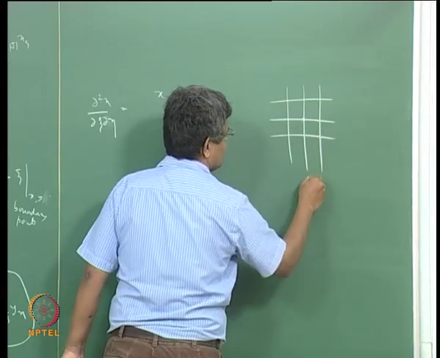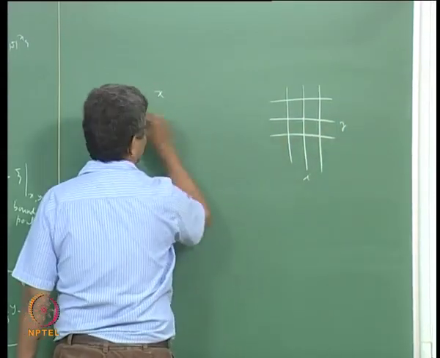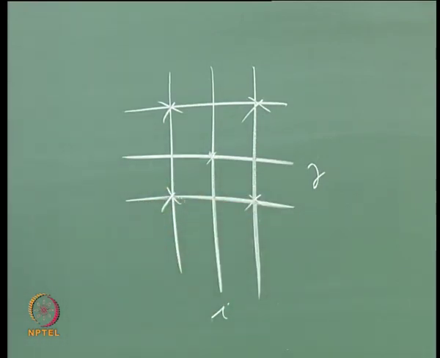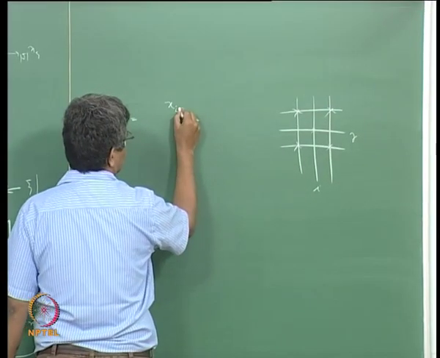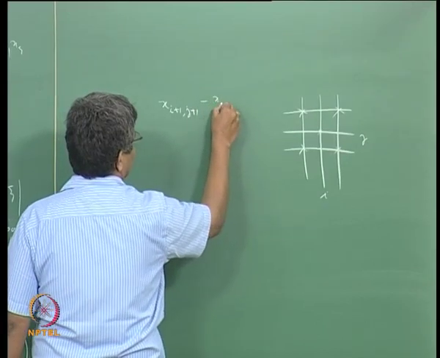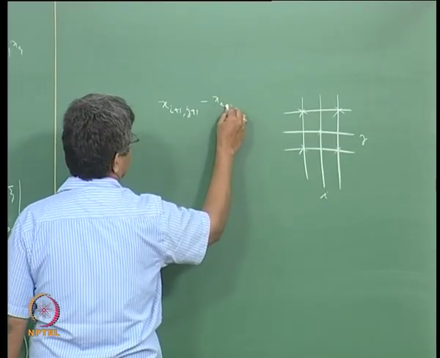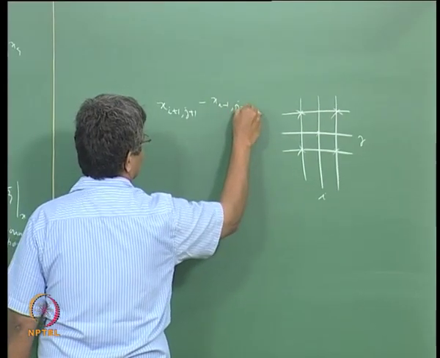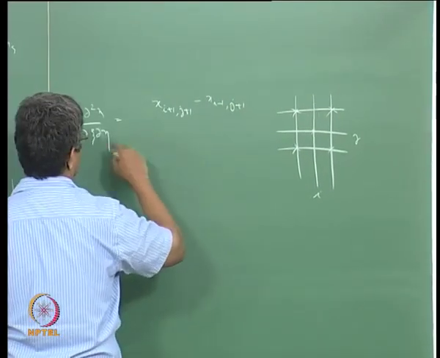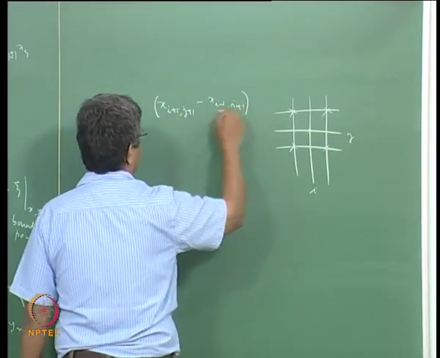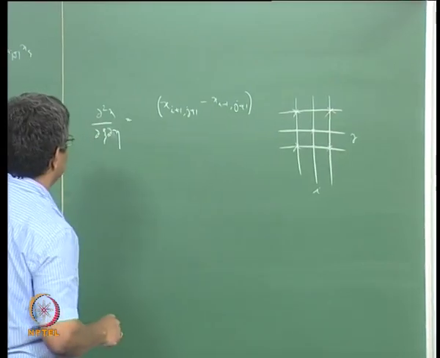If this is i and this is j, we can write this as these four points coming into the picture. So that will be x i plus 1 j plus 1 minus x i minus 1 j plus 1. Okay, we have an expression for this.